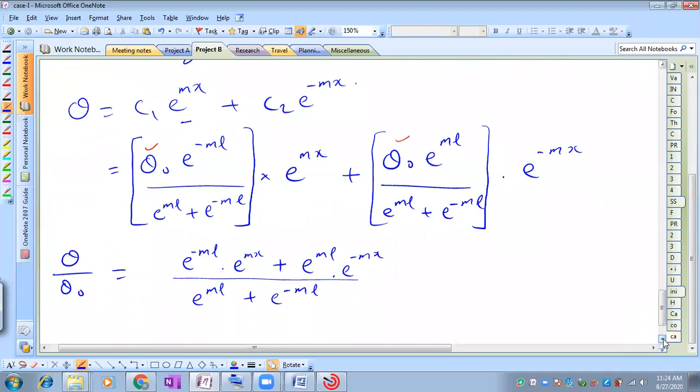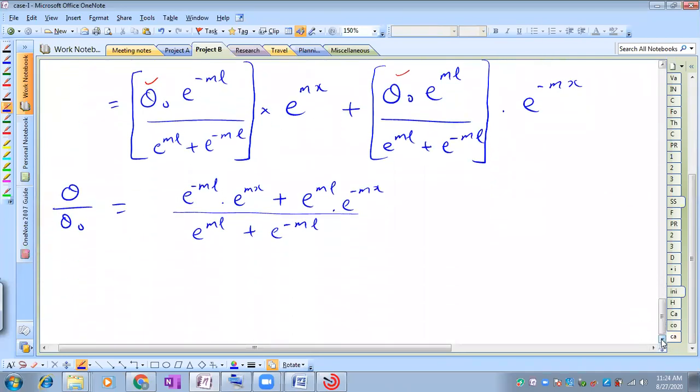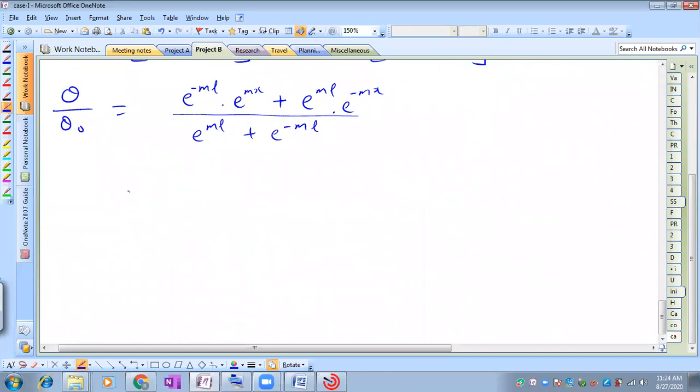So if I further simplify, the denominator is common, e raised to ml plus e raised to minus ml. This will be e raised to m common, so it will be x minus l. But we require l minus x, because l is the length of the fin. So if I take minus m as common, the left part will be x minus l.